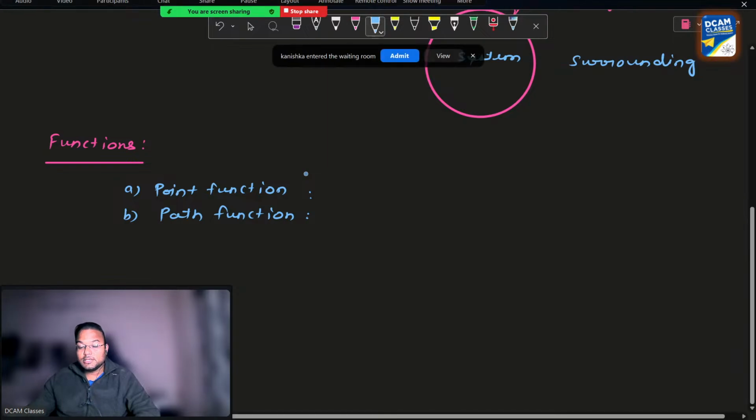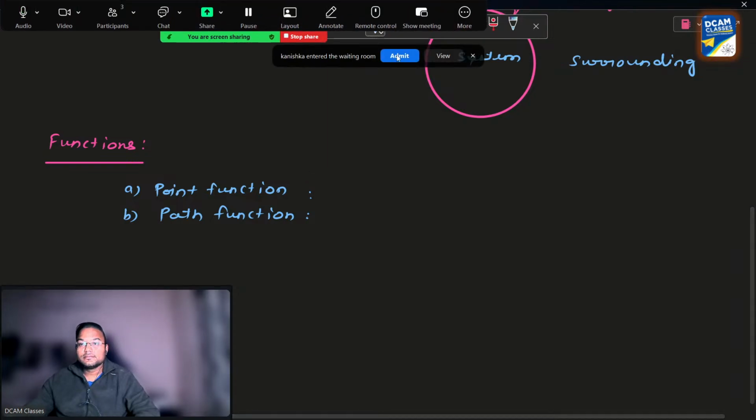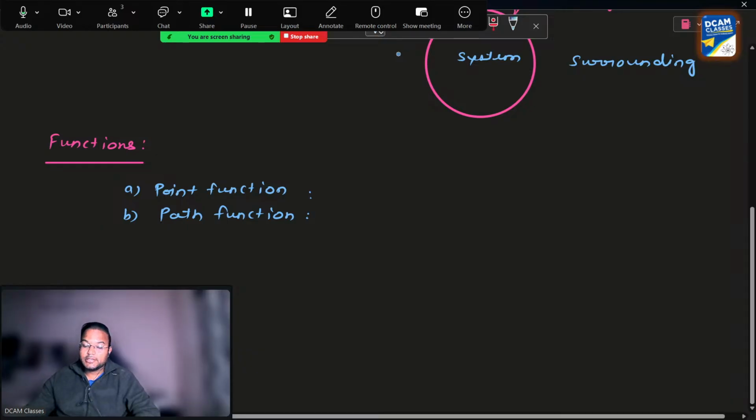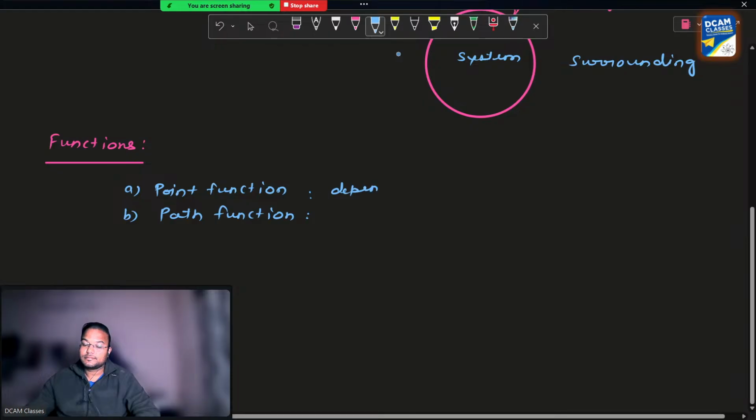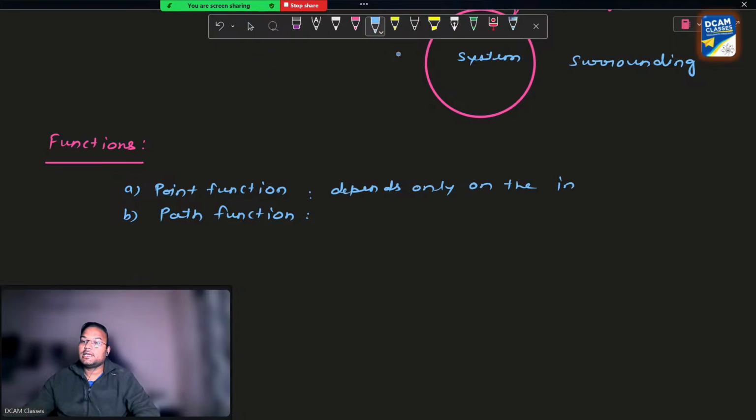Point function is also known as state function. Point function actually depends only on the initial and final points.